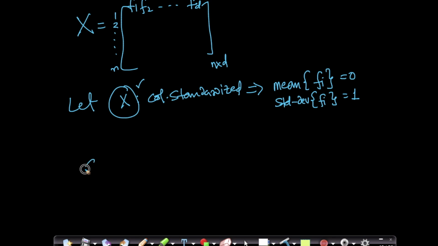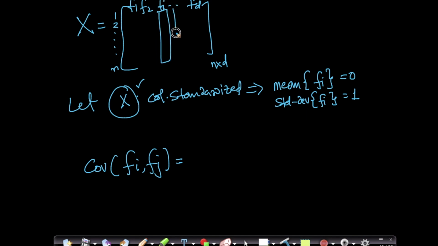Then what is the covariance of feature Fi and Fj? Let's write the formula. Let's assume this is my Fi feature and this is my Fj feature.